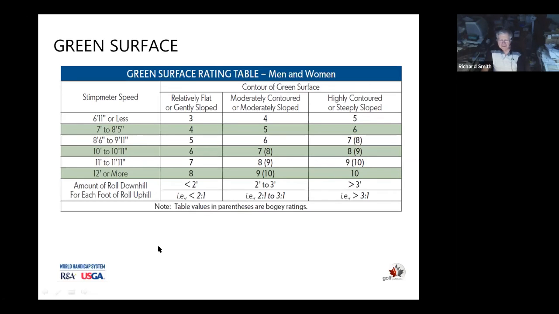Most greens in Saskatchewan, we find, are either here 7 to 8'5", or here 8'6" to 9'11". There are a few courses that'll run them speedier than that, but most would be in there. As they usually say, from province to province, your results may vary.